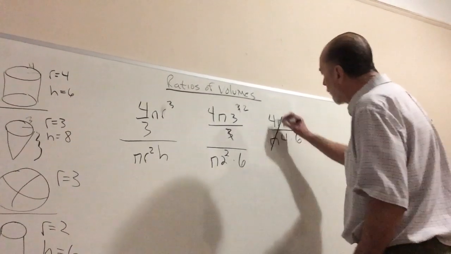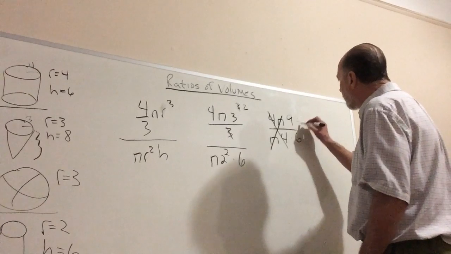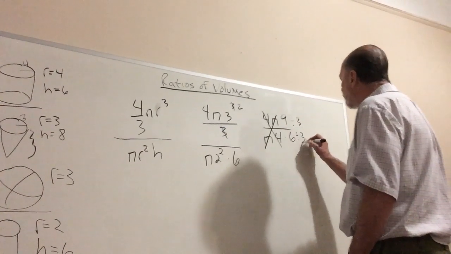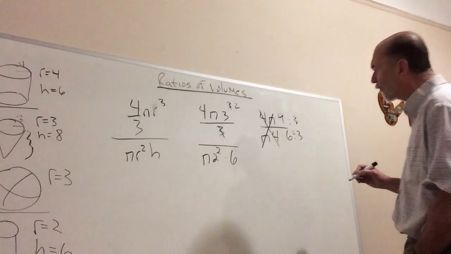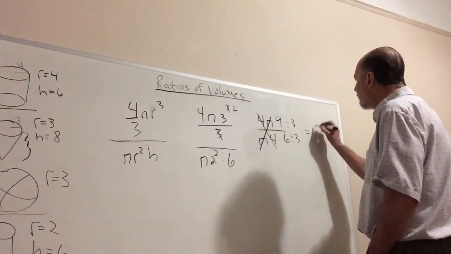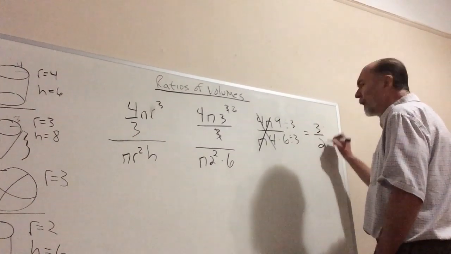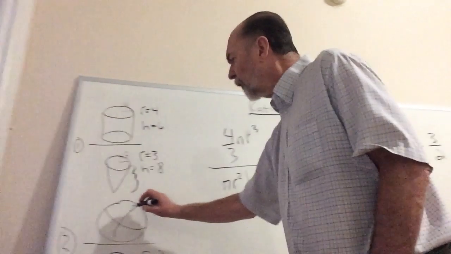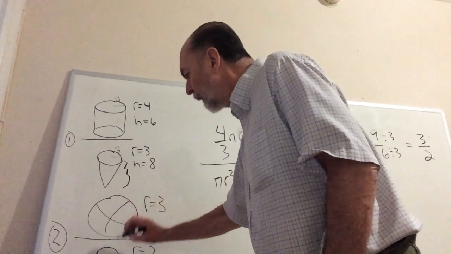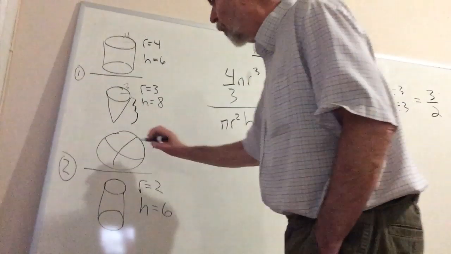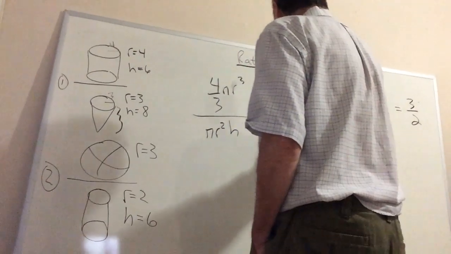The pi's cancel, the 4's cancel, the GCF, as we've talked about so many times, is 3 for 9 and 6, and the ratio turns out to be 3 to 2. That is, this is 3 of every one of these to 2 of every one of these, a ratio of 2 to 3 with their volumes.